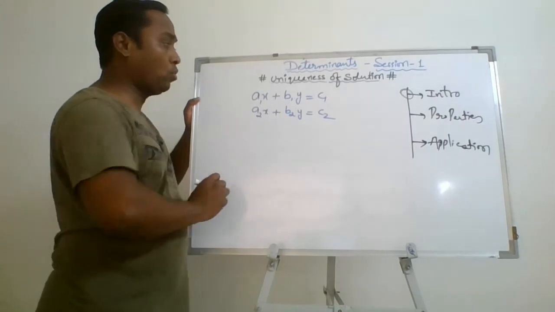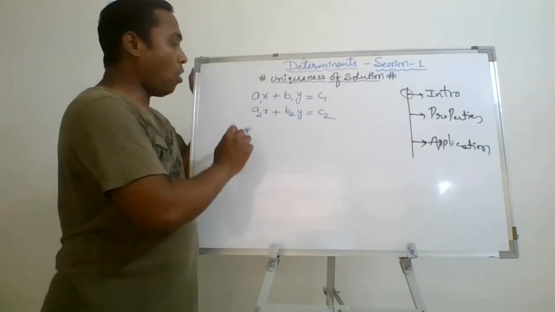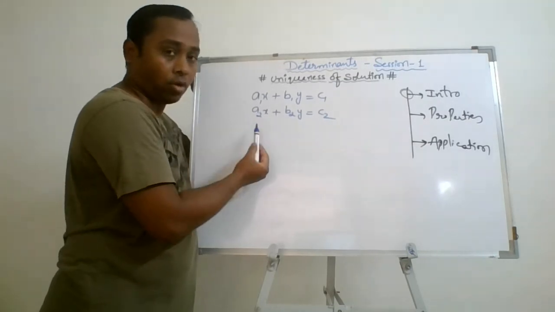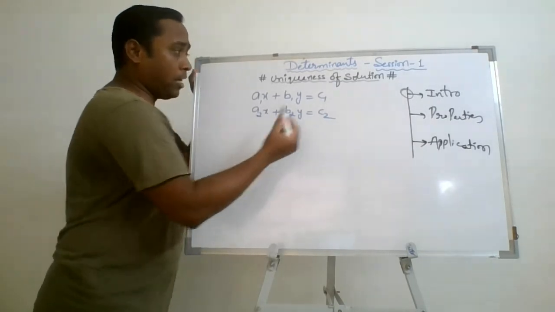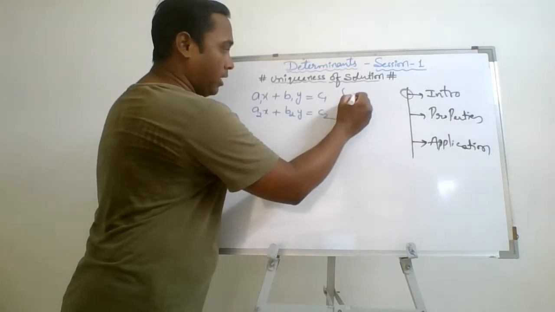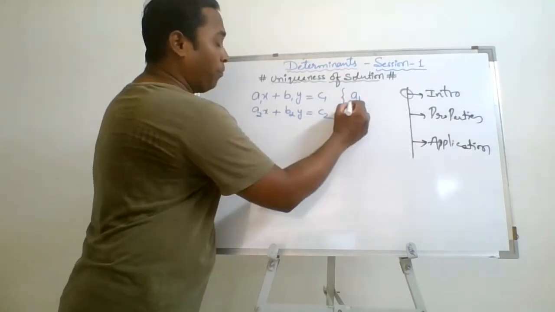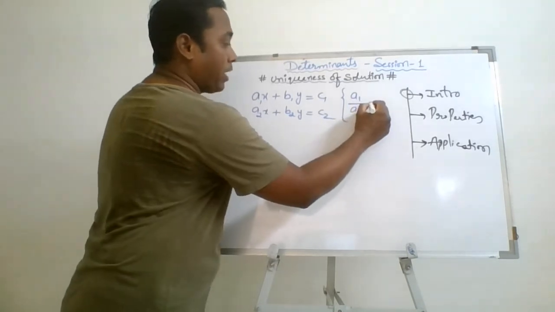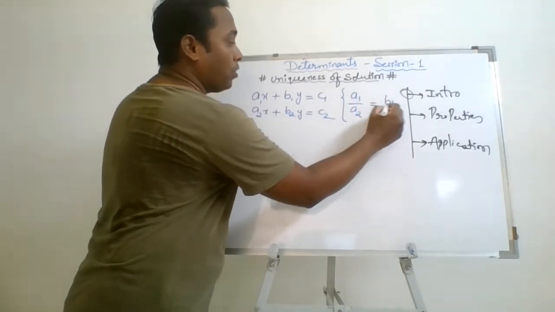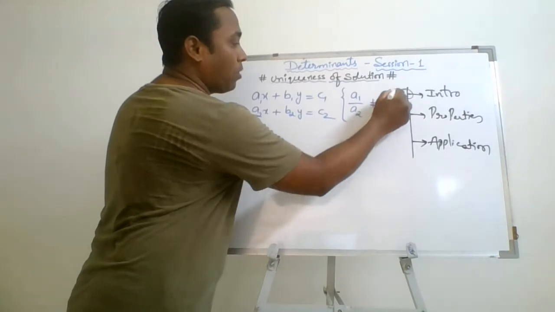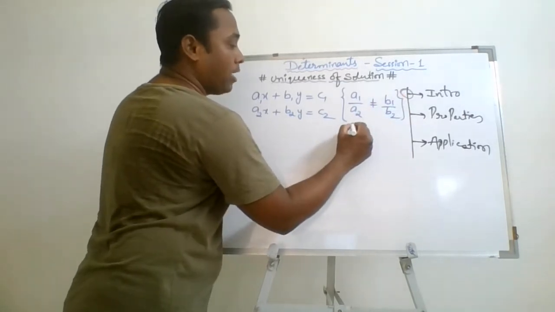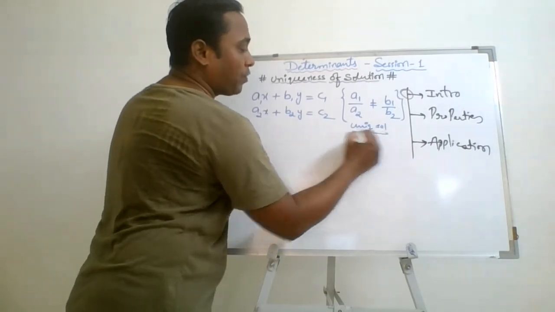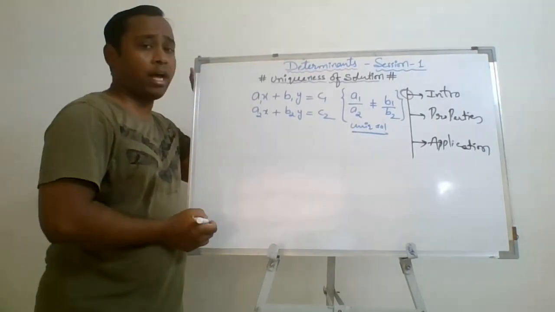And you know how to know about the nature of the lines, whether they are intersecting or not, just by calculating one quantity, that is the ratio of the corresponding coefficients of x and y. If a1 upon a2 is not equal to b1 upon b2, you can say they have a unique solution. Otherwise, they don't have a unique solution.